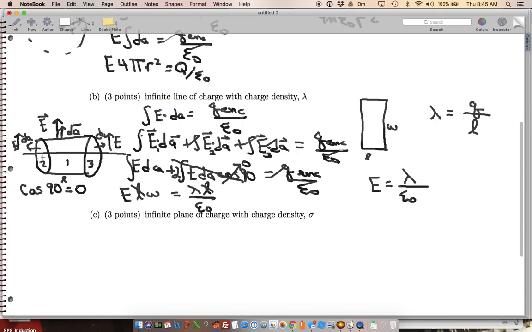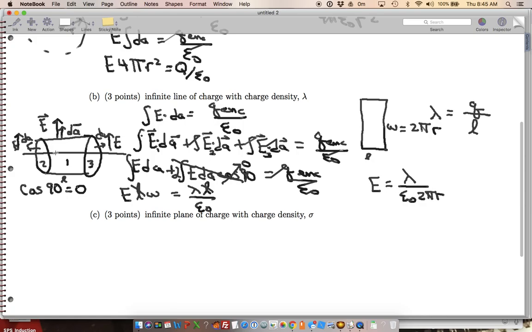And what is my width equal to? Imagine this is a circle. My width here is really just the circumference of a circle, so 2 pi r. I can plug that in for this W, and divide by 2 pi r. So it's 2 pi epsilon naught r.